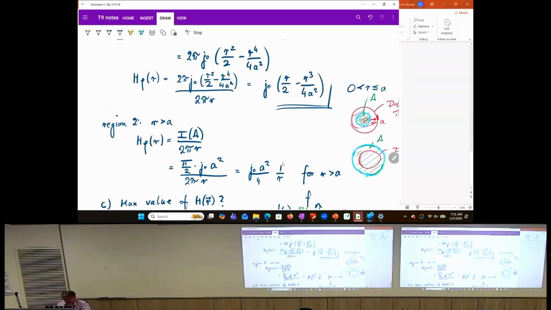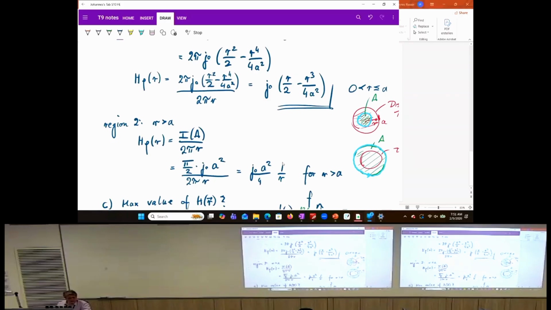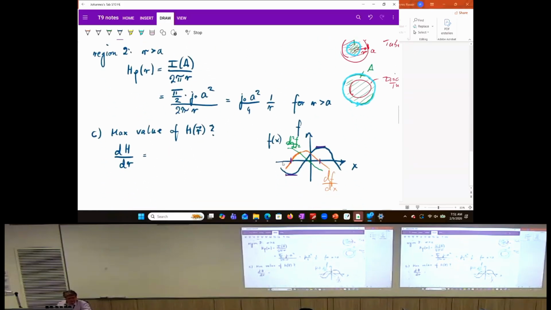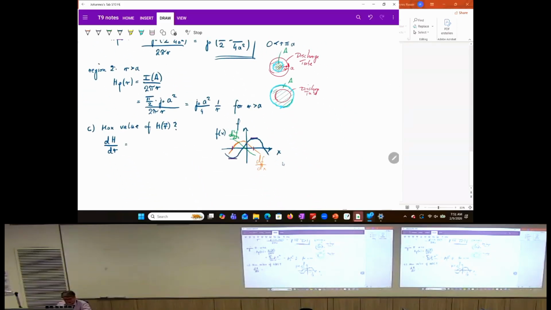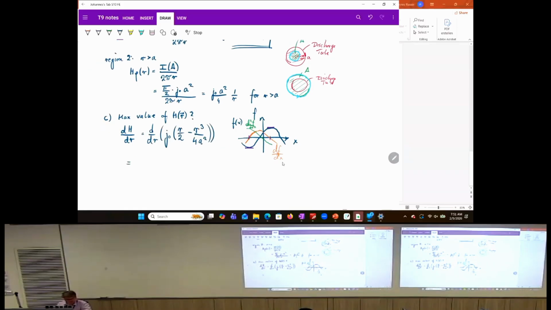We basically have here the function of H, the magnetic field, as a function of r, and let's just take the derivative with respect to r. So let's take the derivative.